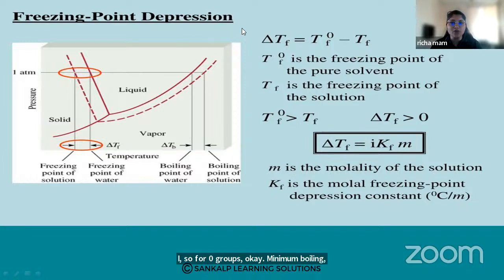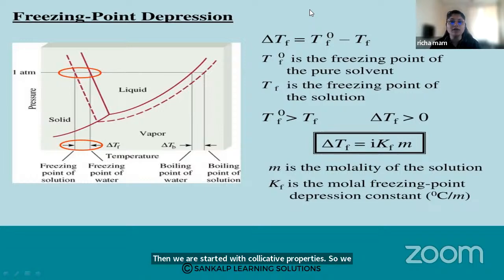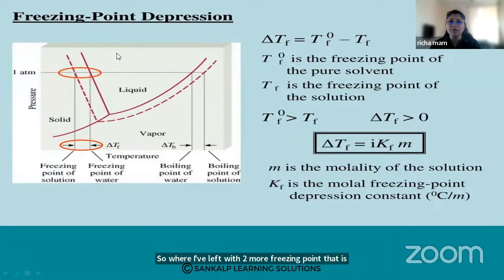Then we started with colligative properties. So we have discussed today two colligative properties. First one is relative lowering of vapor pressure, and second one was elevation in boiling point. So we are left with two more, freezing point depression and osmotic pressure. And some more points are there, so that we shall be discussing in the next class.